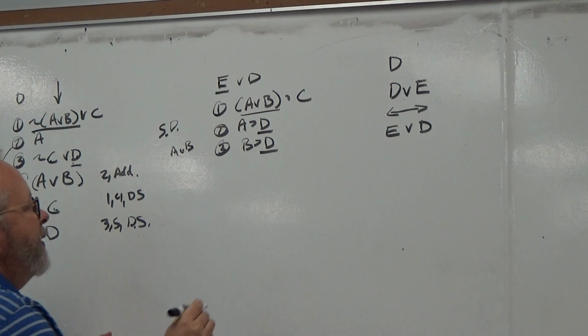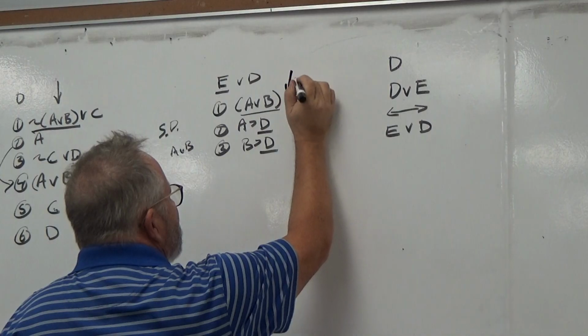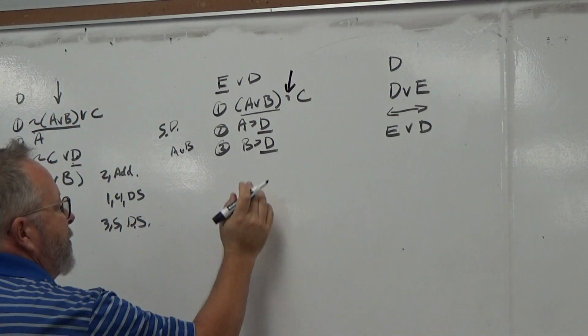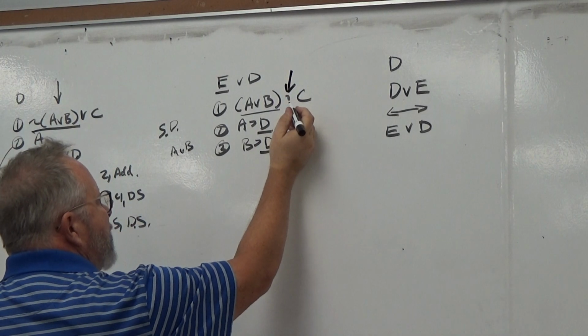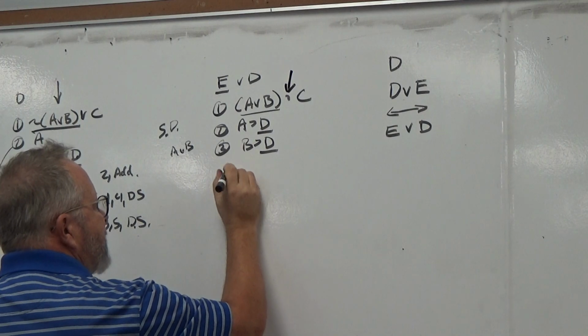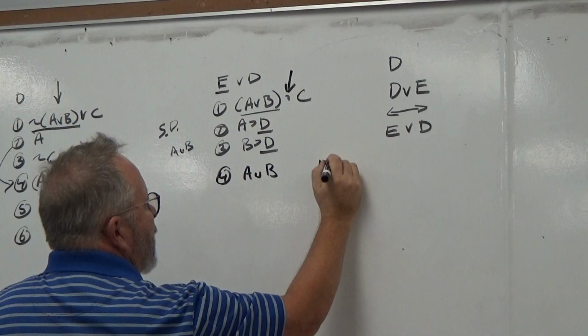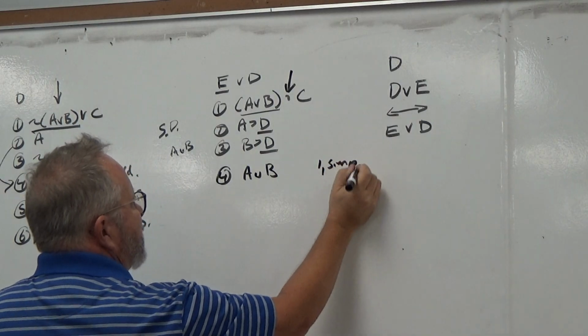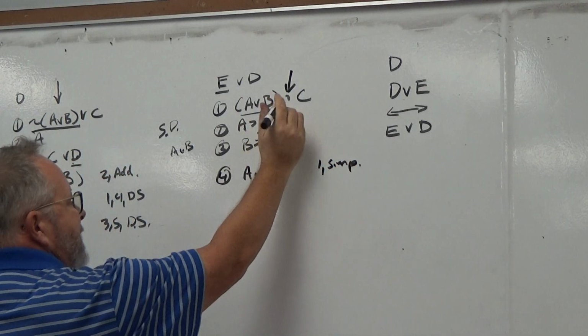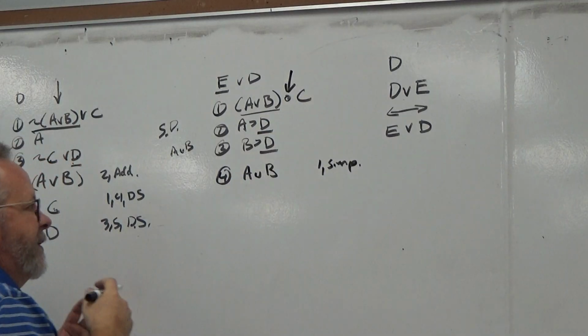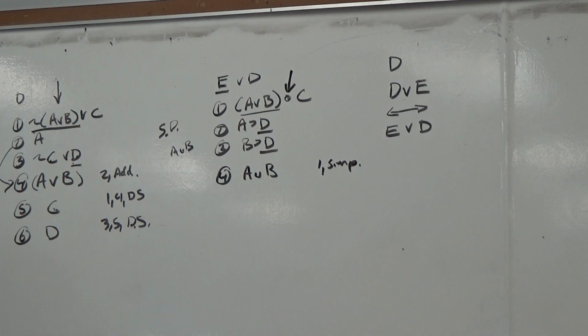And it's in a conjunction, and that's fortunate because I can simplify conjunctions to get A or B from 1 by simplification, okay? Because this is an and, I can take the left conjunct, okay?